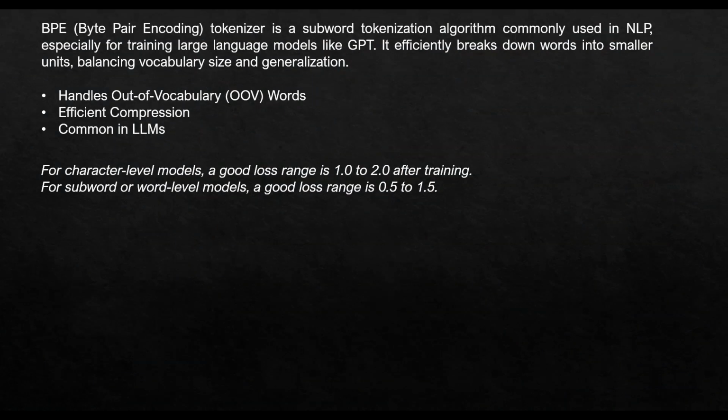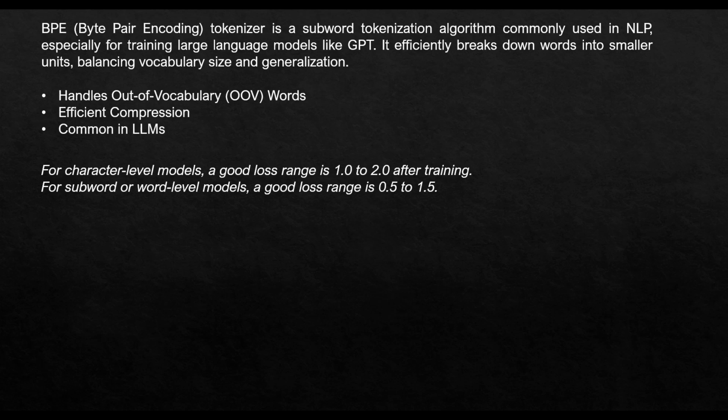A byte pair encoding tokenizer is a subword algorithm used in NLP, and it is used for training large language models like GPT, and as we discussed before, it has a lot of advantages. It handles out of vocabulary words, it has very good compression, and it is very common for LLMs.